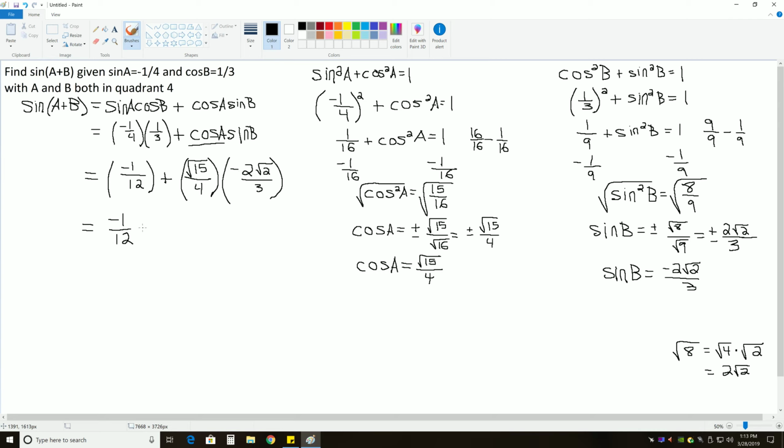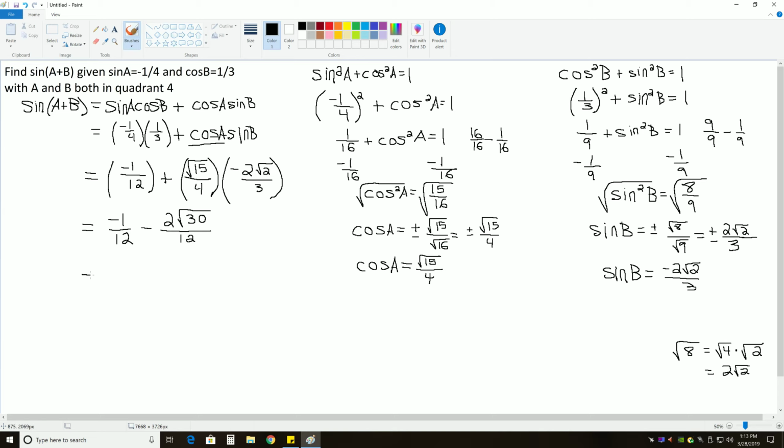We're just going to end up getting minus, because of the negative, 2 times the square root of 15 times 2 is 30. The square root of 30 does not simplify, that's why we just left it like this. Divided by 4 times 3 is 12.